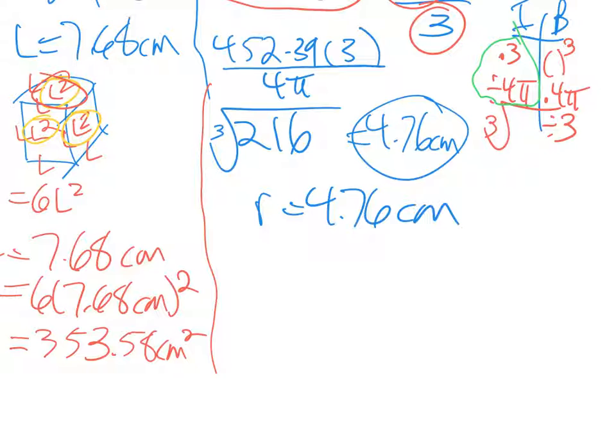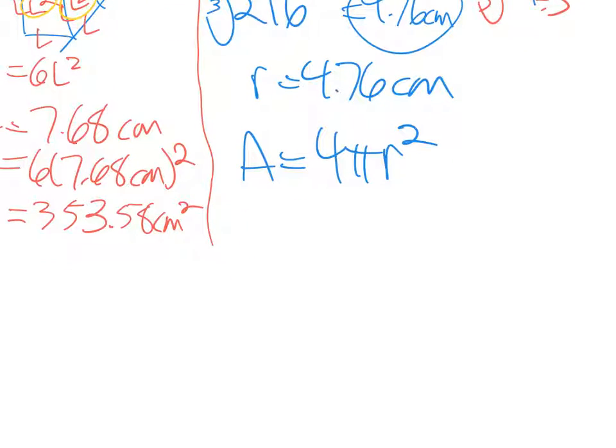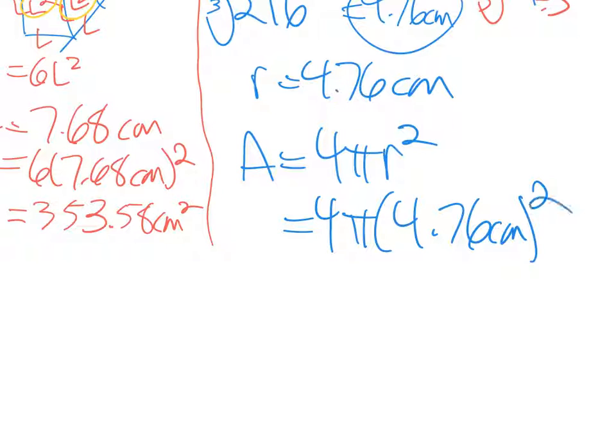So following that, we need to figure out the area. The area is equal to 4 pi r squared. That's the formula for the area of a sphere. So we just substitute that radius in. 4 pi, 4.76 centimeters squared. And notice that you can see really clearly in things like cubes and spheres that if you're doing area, you're squaring, right?